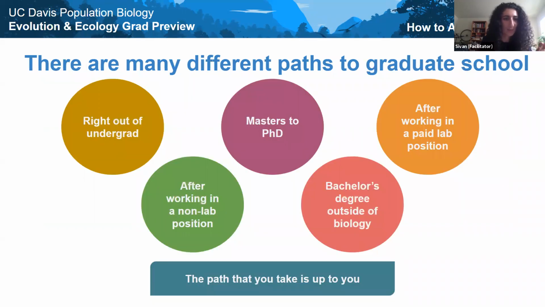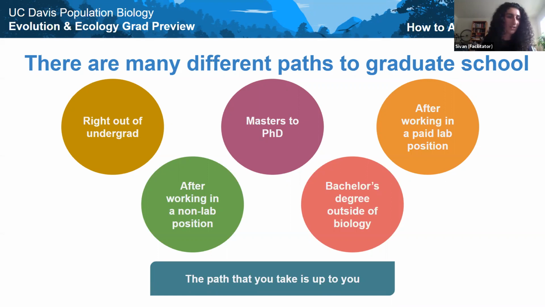And we also want to point out that there are many different paths to graduate school. So we went over some of these last week. Some people go right out of undergrad to a master's or a PhD. Some people get a master's before they get their PhD, maybe with some time in between each step. Some people gain more research experience by working in a lab for some time, so that would be as a lab manager or a lab technician or some other title.